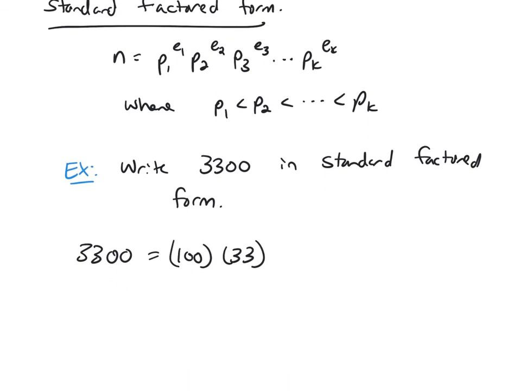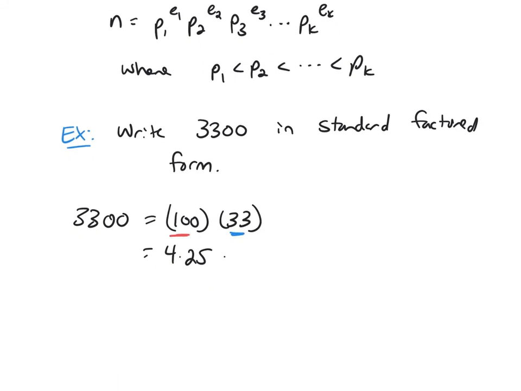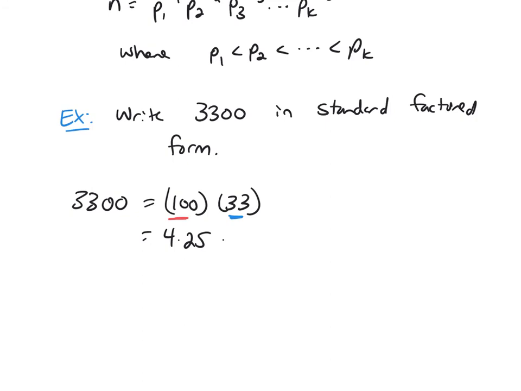And then we're going to just keep breaking down our factors into prime numbers. So for example, for 100, well, that's 4 times 25. And then 33, that's 3 times 11.